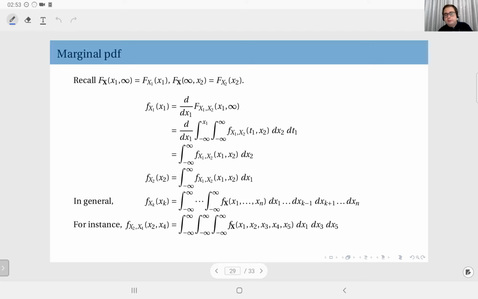If you have the marginal distribution of x2, that distribution has no information on how x2 interacts with x1 or how x2 is affected by x1. When you have the joint distribution, that information is readily available. You have all the information you need in the joint distribution.